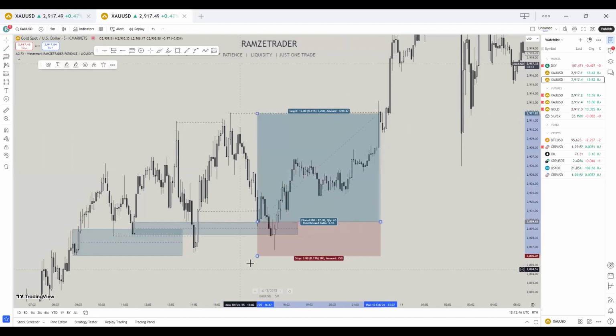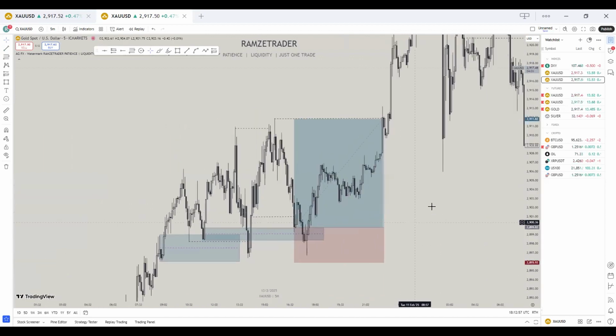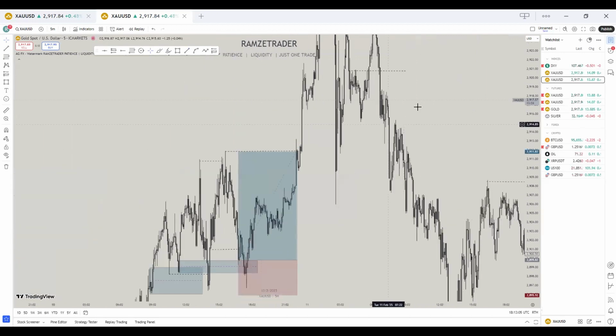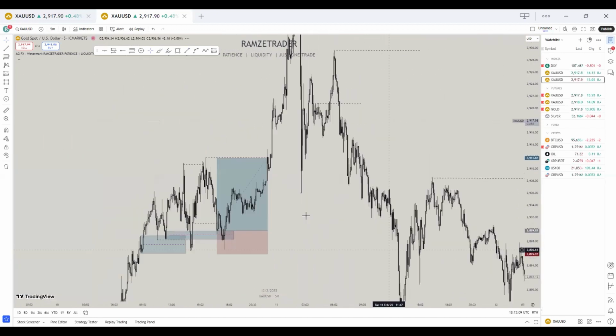I just got my 1:3. It was a 1:3 trade. So this is how I took my gold and my AUD USD trades. So these are the two main reasons I took the trades.